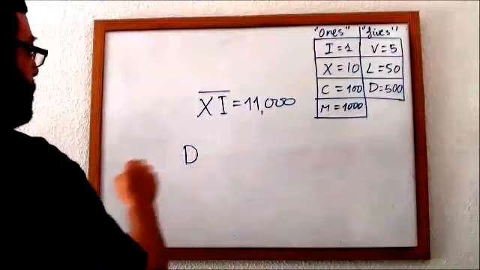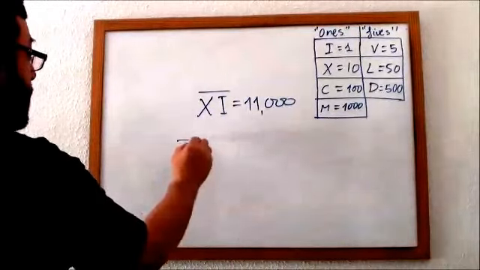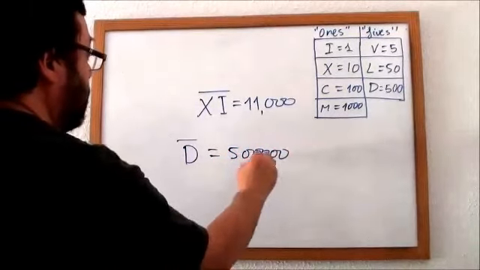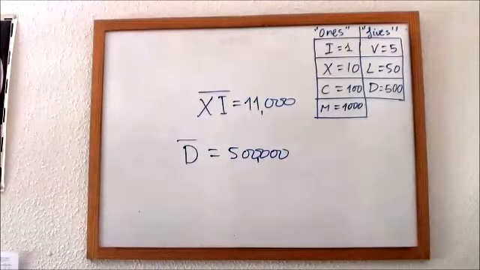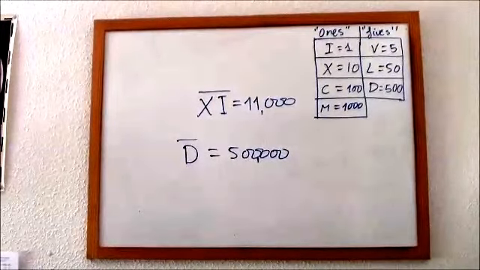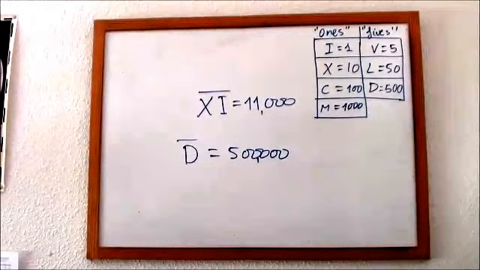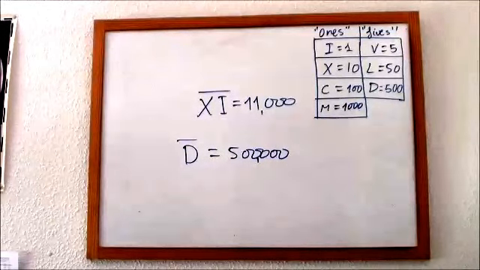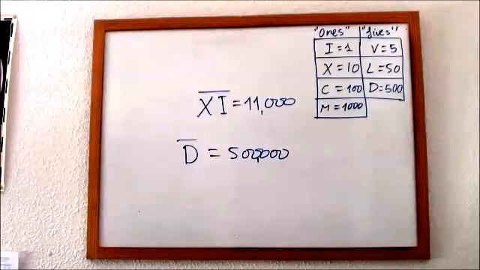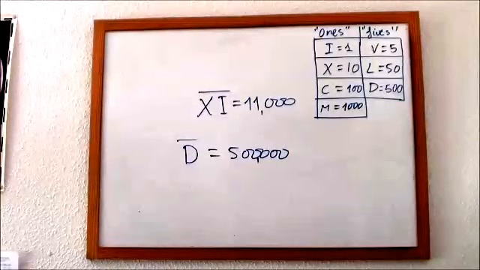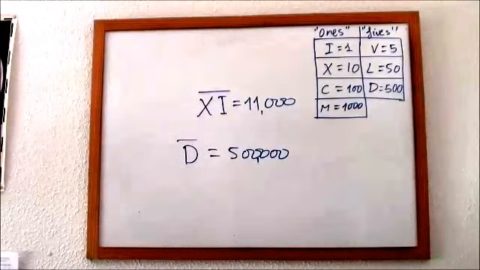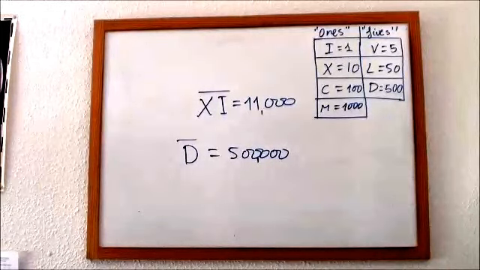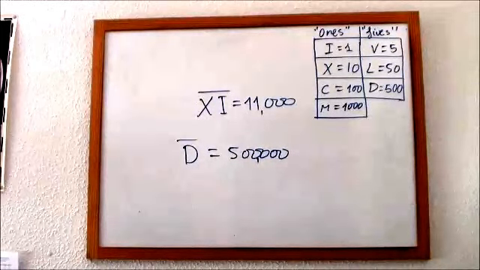And this would be 500, and this would be 500,000. Sticking to these rules, you can write whatever number you want up to several millions. I leave it as an exercise for you to find what is the biggest number you can write following these rules.